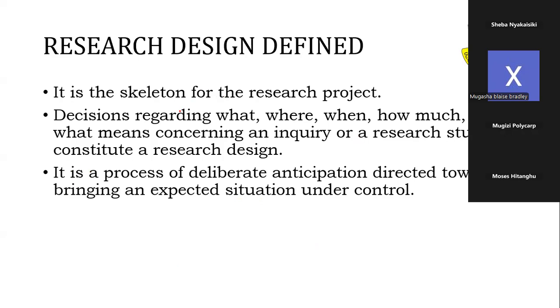So what exactly is the research design? We see it as a skeleton for the research project, coming again from the idea that it's a blueprint. It also guides the researcher on decisions: what am I going to do, where, when, how much, by what means, and so on. Okay, so it's basically guiding that process.